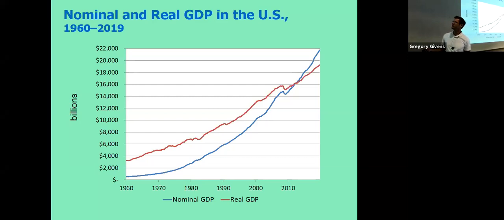In 1960, it was around $3.5 trillion. Real GDP in 2019, closer to $19 trillion. So by that measure, real GDP has gone up by a factor of about 5 since 1960.